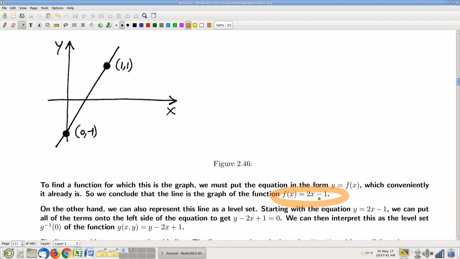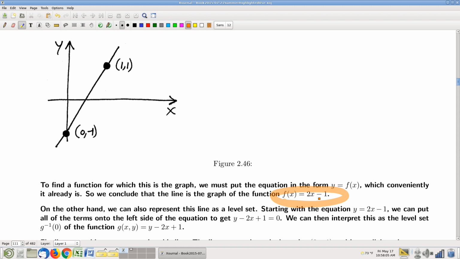So this function f is a function from R1 to R1. It's got one input value and gives one output value. This function f of x equals 2x minus 1 is a function whose graph is that line. Again, you just have to be careful about how you use the terminology and how you express your answers.